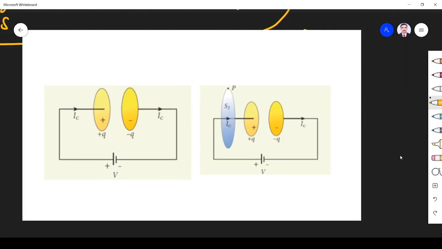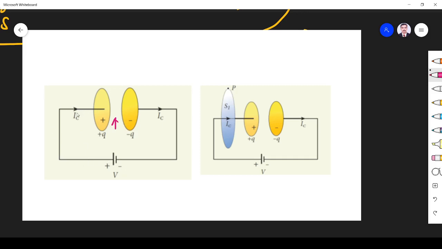Here you see, let us consider the situation of charging a parallel plate capacitor, right? As shown here, this is the parallel plate capacitor I want to charge. Here it is a dielectric medium, it is not conducting. The current is supplied by a voltage.